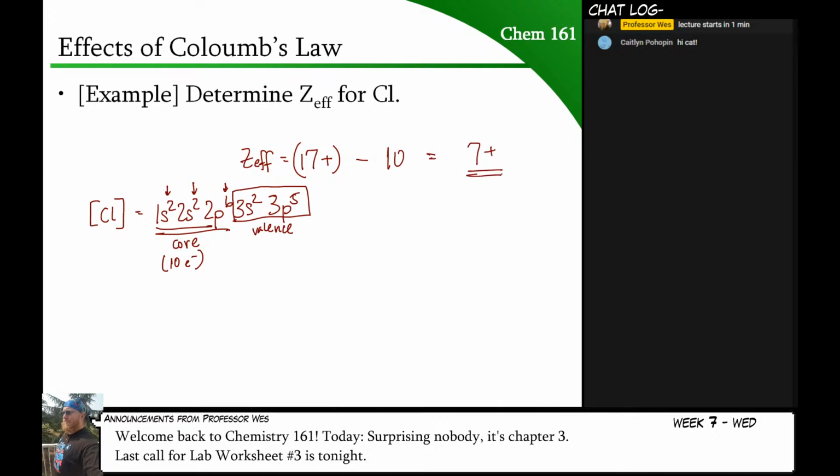And there's the Z effective for chlorine. So you can calculate Z effective if you can determine which electrons in your electron configuration are core electrons. And everybody knows the atomic number, so this should be a very simple calculation to do.